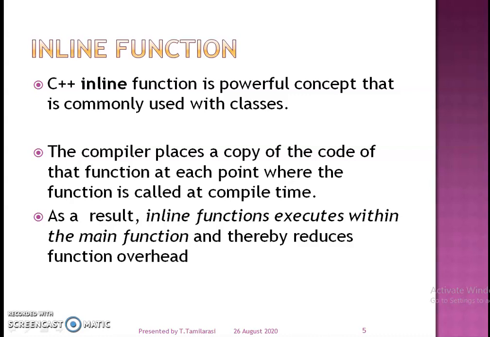Instead of the call statement, the entire source code is copied and placed at that location. So if we call the inline function from main, at that location the code is replaced. While we compile our program, at that time itself it is replaced. The call is replaced by the specific function code.